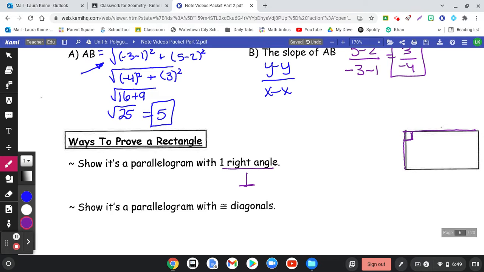And to show perpendicular, you would need slope. So if you want to prove that something's a rectangle, you could just do slope 4 times.